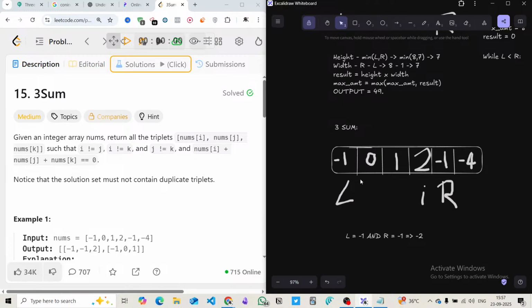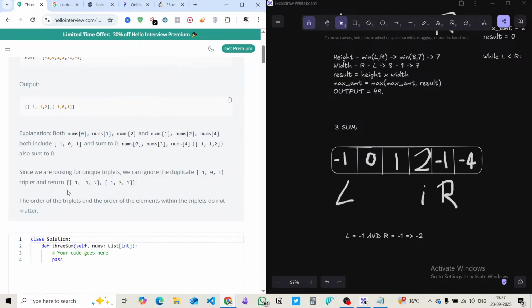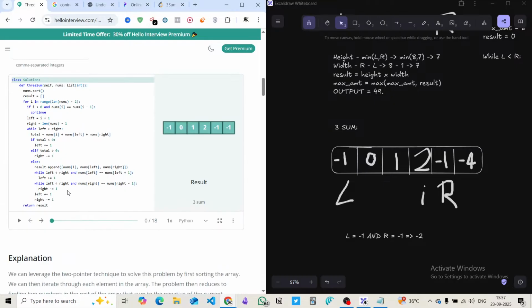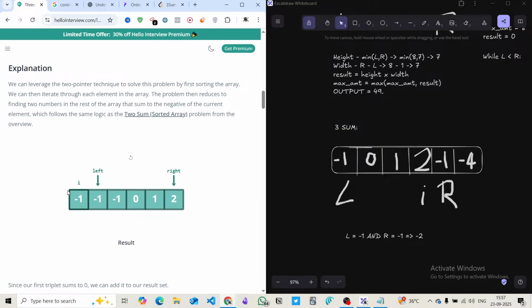In this threesome, we need 0. Just try to see anything there. Okay, so that is the only solution.